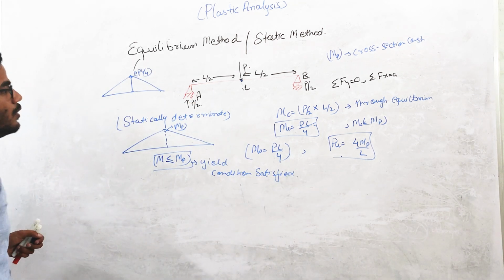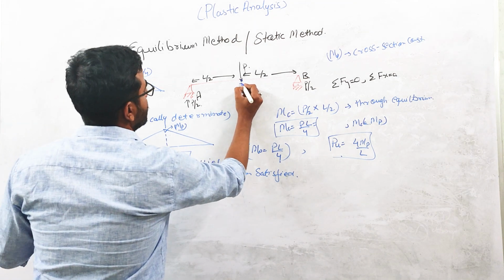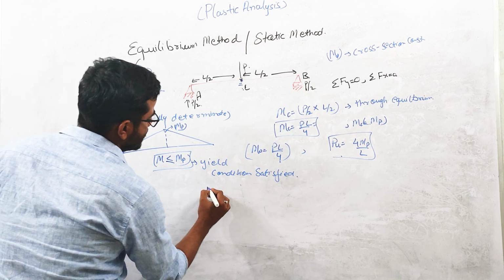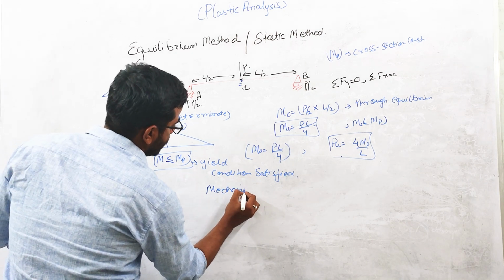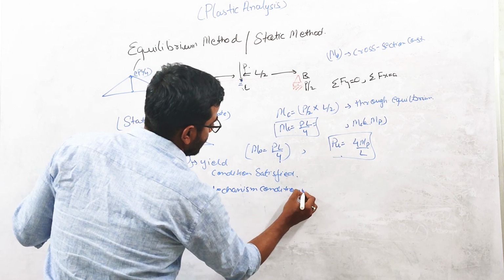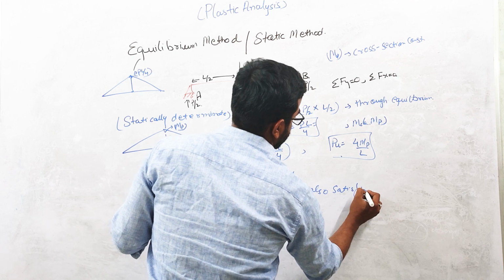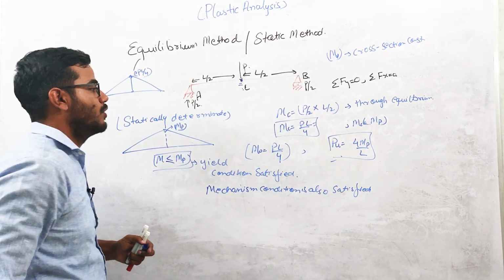Now only one plastic hinge is required for the collapse of this structure, and one plastic hinge is formed at this point C, so the mechanism condition is also satisfied. So this is basically the true collapse load of the structure.